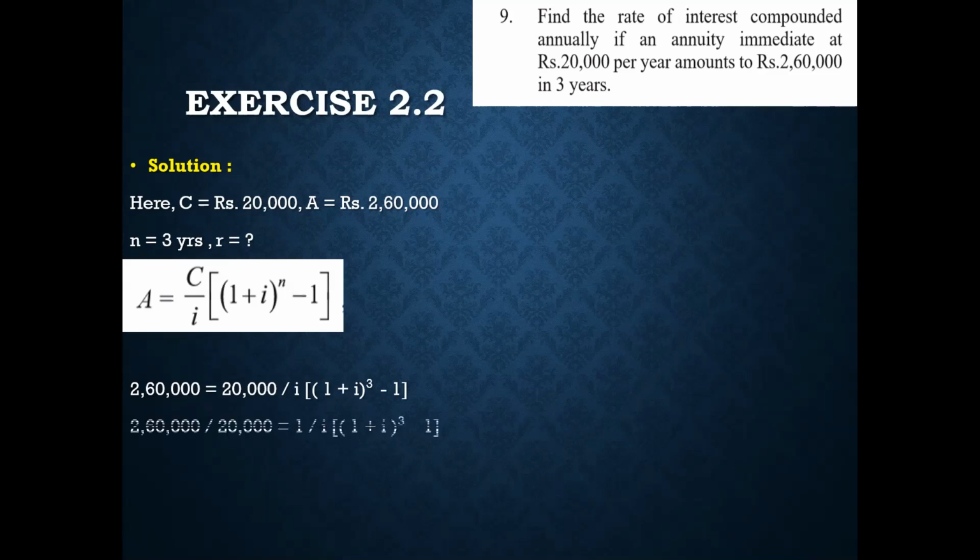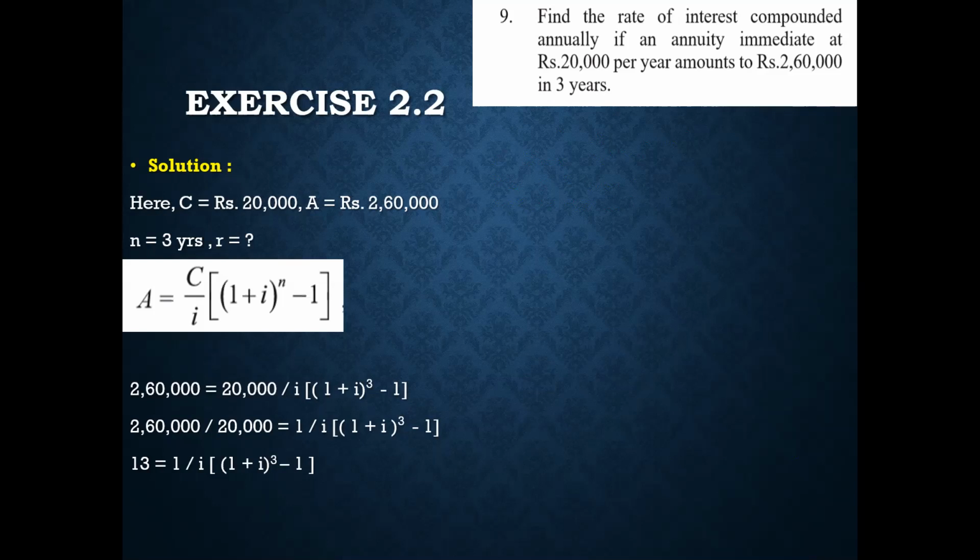I will take 20,000 over there, cross multiply, so it will be divided. 2,60,000 divided by 20,000, so here I am left with 1 upon I and (1 plus I) the whole cube minus 1. On cancelling 2,60,000 with 20,000, I got 13. And the right hand side copy paste as usual.